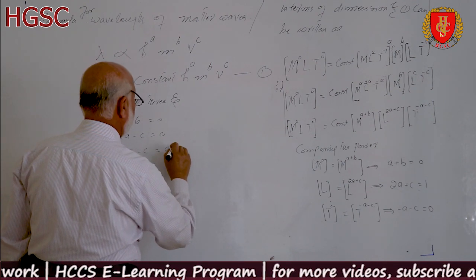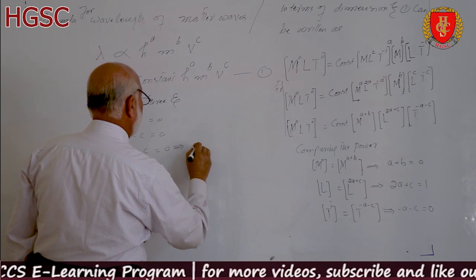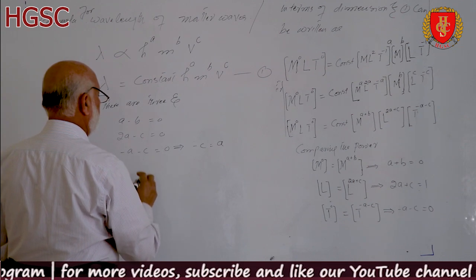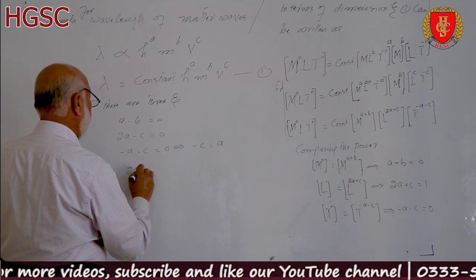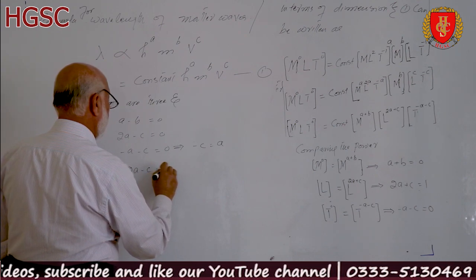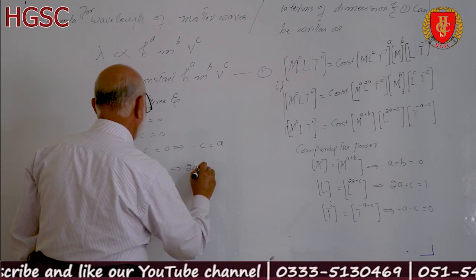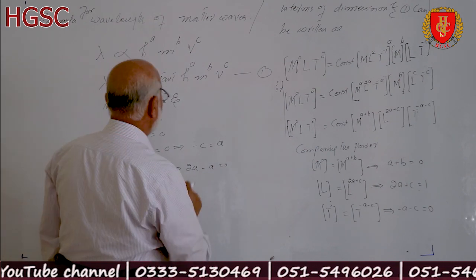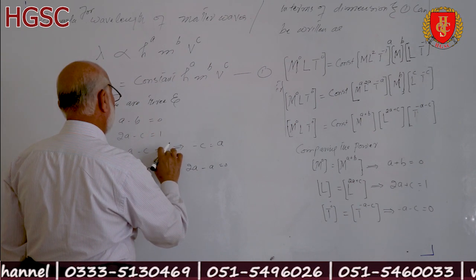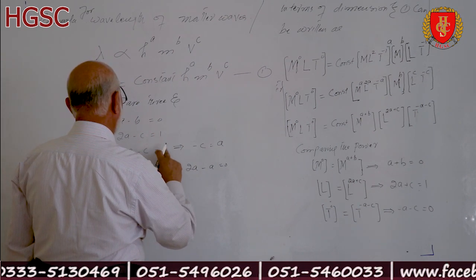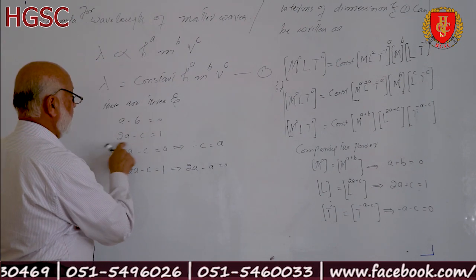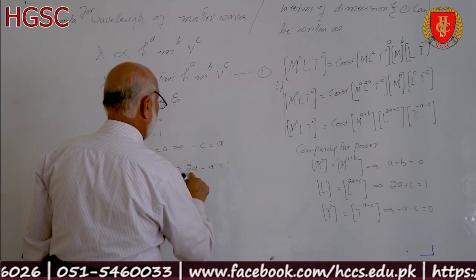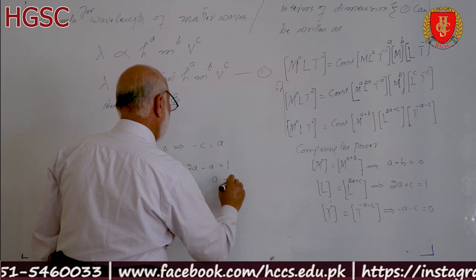So from this third equation, minus c is equal to a. So in the equation 2a plus c is equal to 1, 2a minus a is equal to 1, then a is equal to 1.